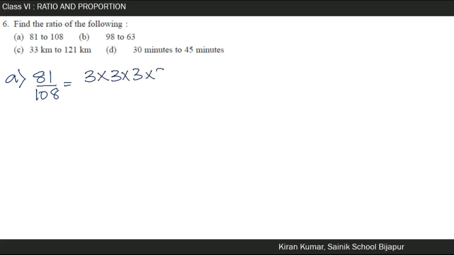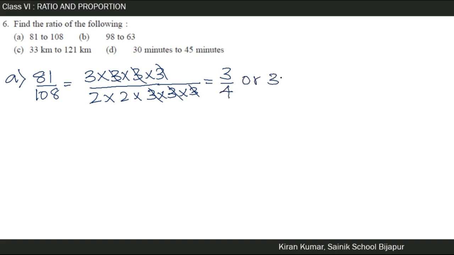We get 3 multiplied 4 times, and this other one will be 2 multiplied by 2, then 3 multiplied 3 times. So what are the things which are getting cancelled here? Here, the 3 times will get cancelled. We'll be getting 3 upon 4 or 3 is to 4.